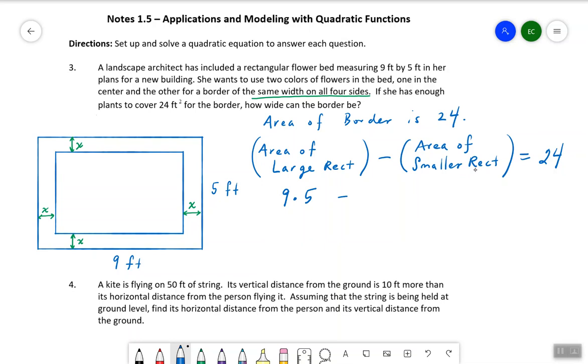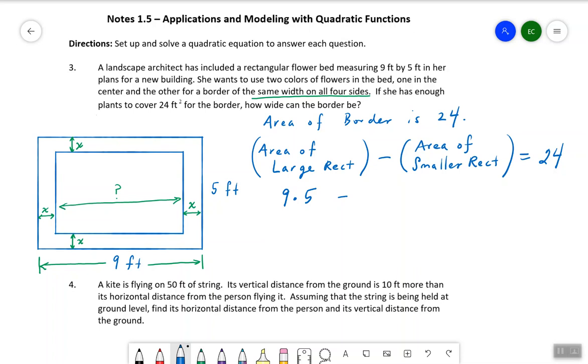The area of the smaller rectangle is a little trickier, and so let's think about it here. What we have here is 9 feet for the large rectangle. We need an expression for the length of the smaller rectangle. So if we start with the 9 feet and then we take away a length x on one side and a length x on the other side, then that gives us the measurement that we need.